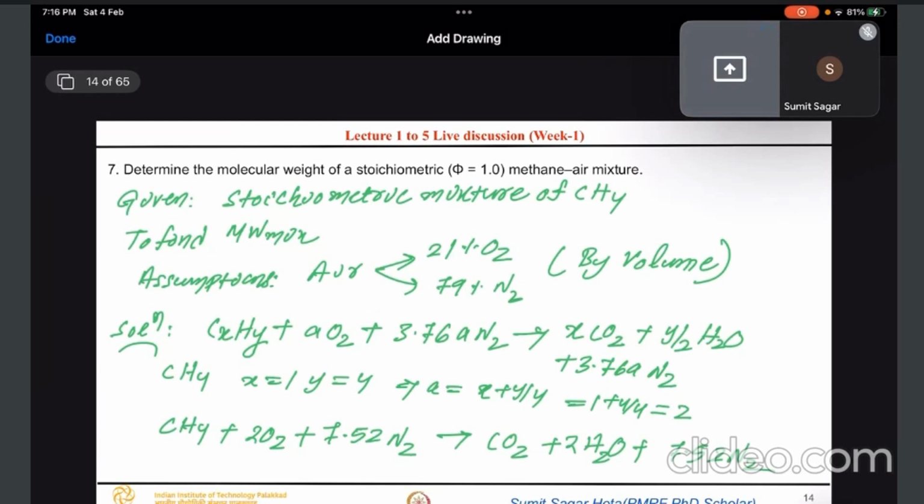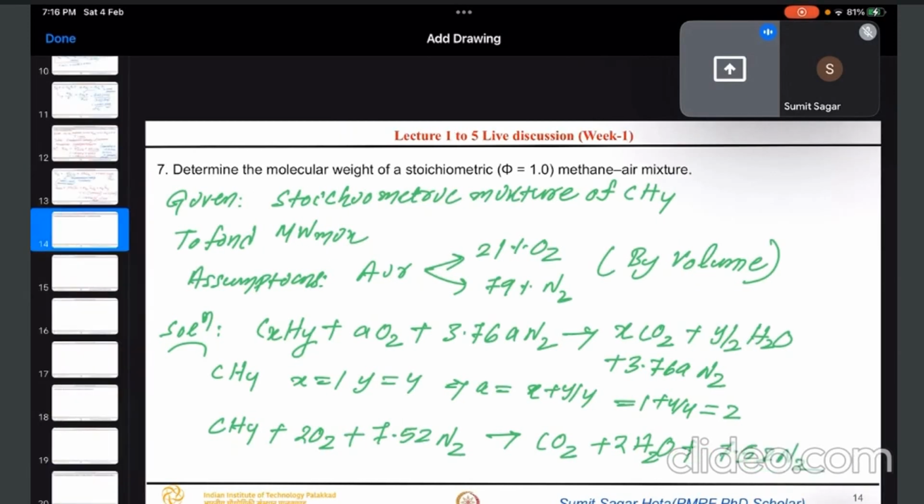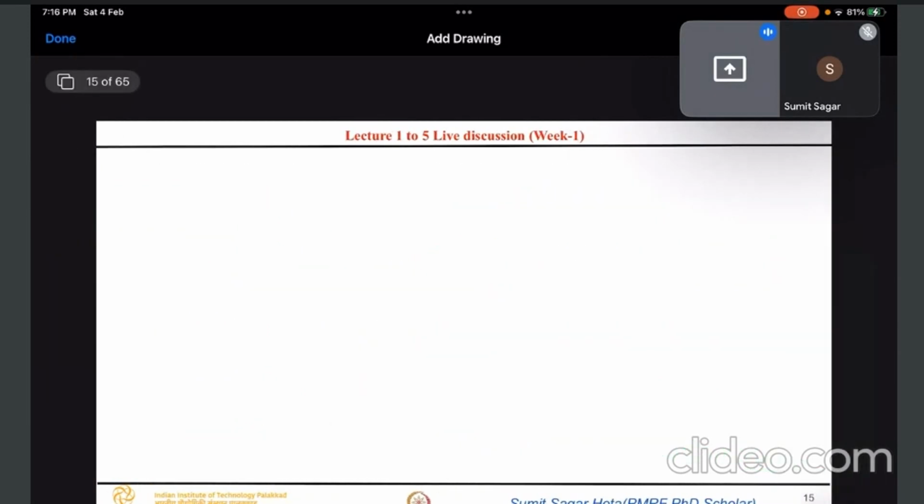Now what we have to do? Now we have to find out the mixture molecular weight. That means what do we need? We need the X value and the molecular weight of each species. From this equation we can easily find the number of moles.